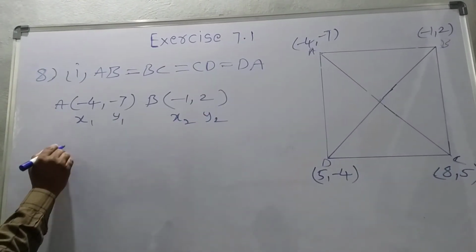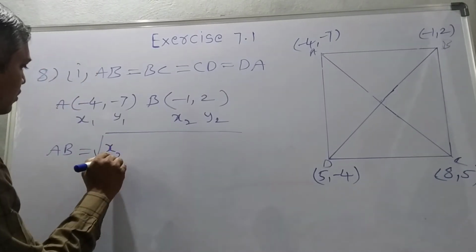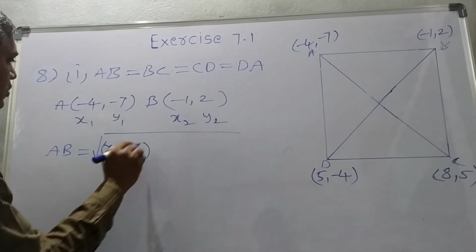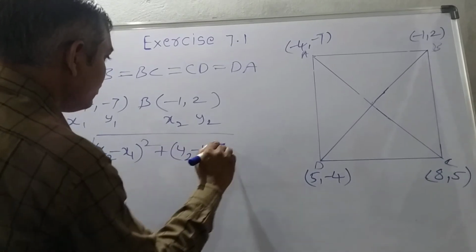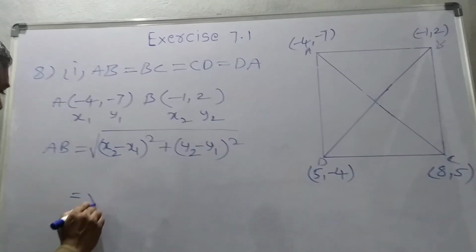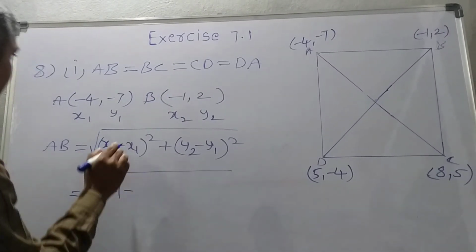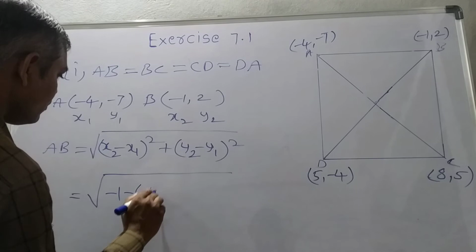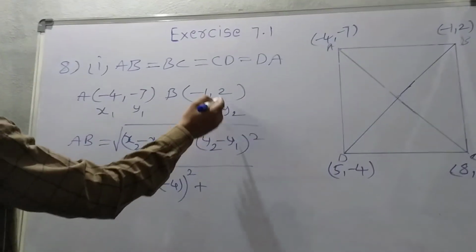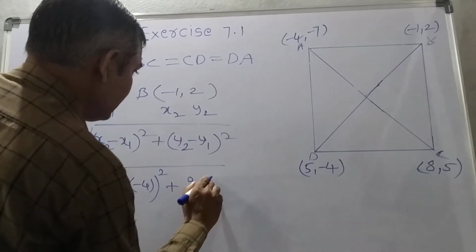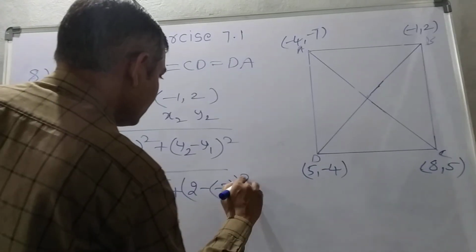The distance between 2 points AB is equal to under root of x2 minus x1 whole square plus y2 minus y1 whole square. x2 means here -1, minus x1 means minus of -4, whole square, plus y2 means 2, minus y1 means -7, minus of -7, whole square.